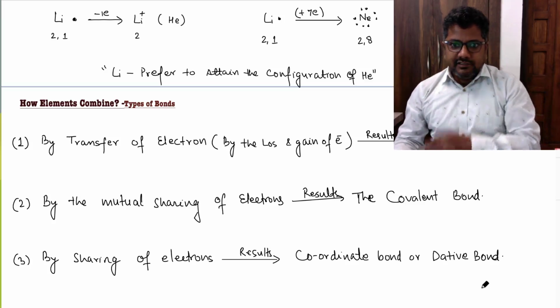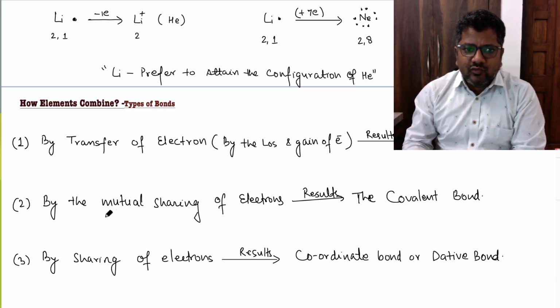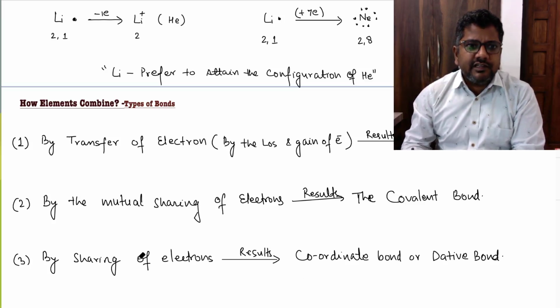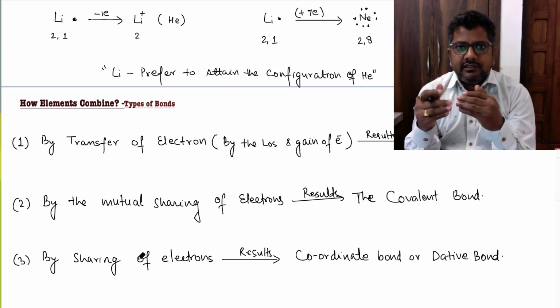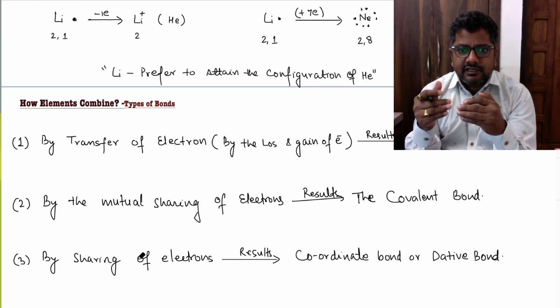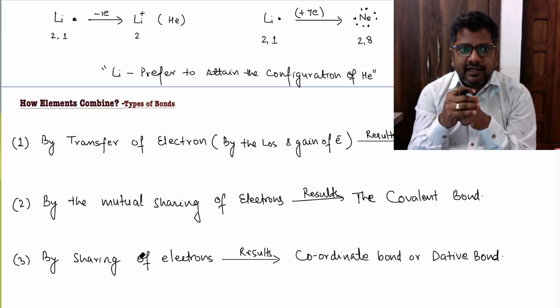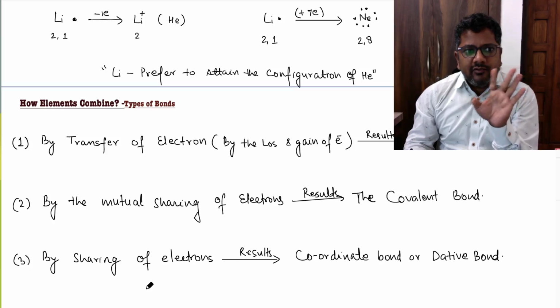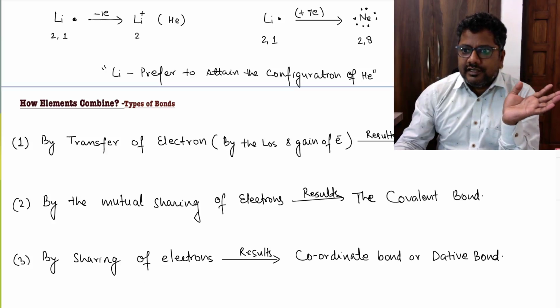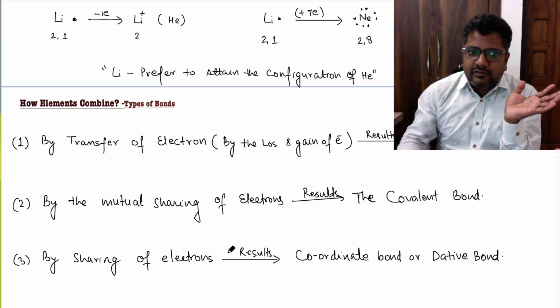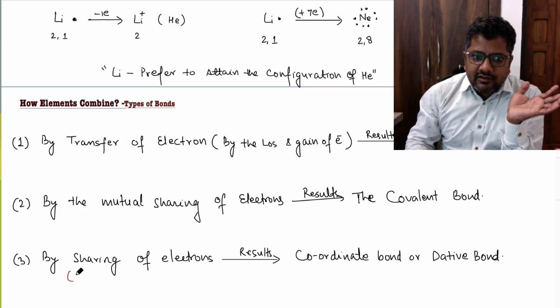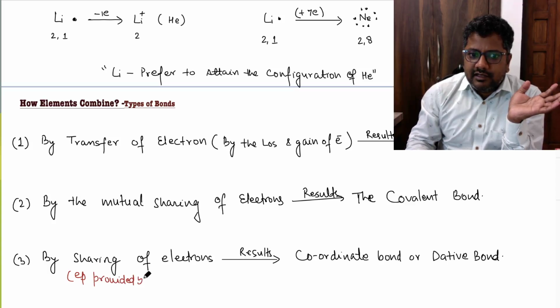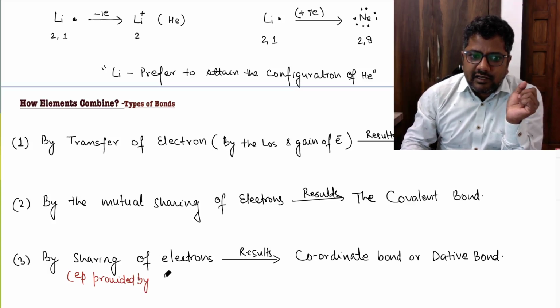Right? So see, what is the difference between mutual sharing and sharing? In mutual sharing, an equal number of electrons are contributed by both the combining atoms. But here in this sharing, the electron pair is provided by only any one atom. So this is the difference between these two.